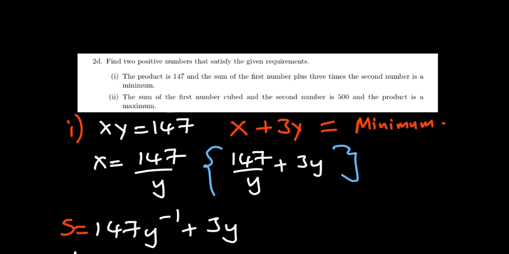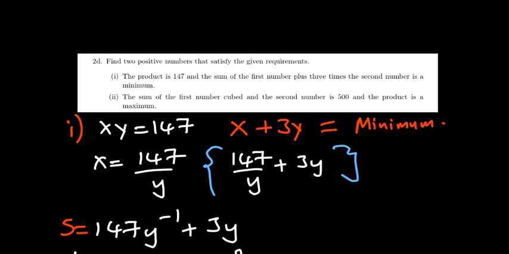Differentiating, negative 1 times 147 is negative 147, reduce the power by 1, y to the power negative 2, and then the 3 differentiates to 3. This can be expressed as 3 minus 147 over y squared, a positive value.